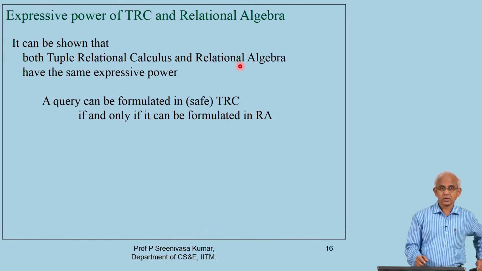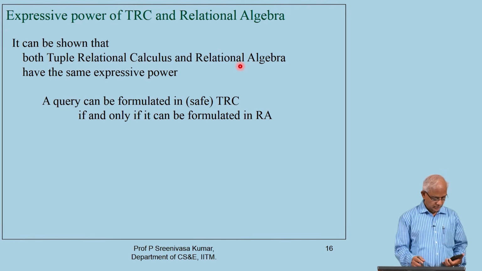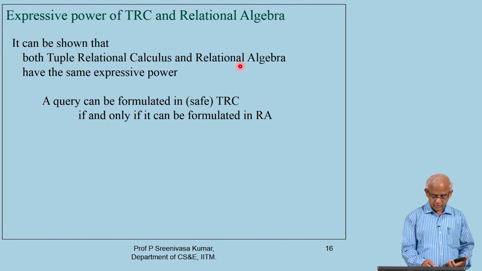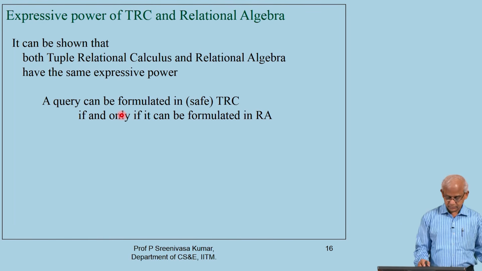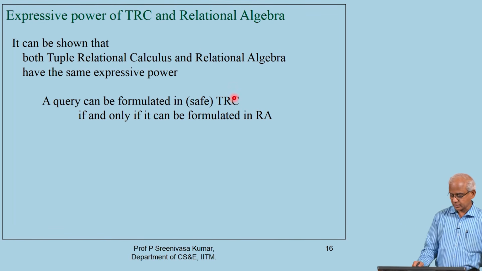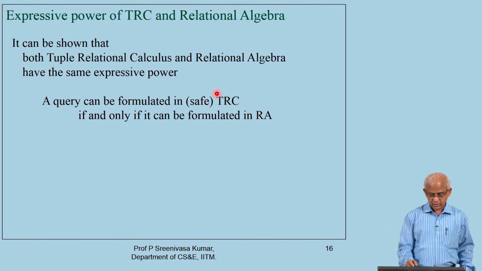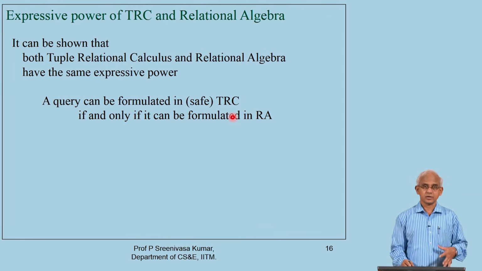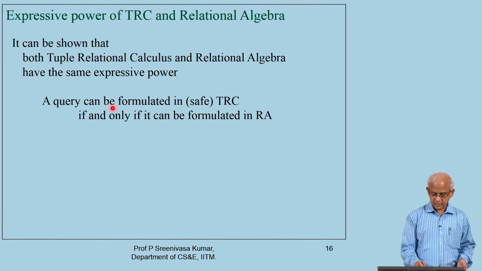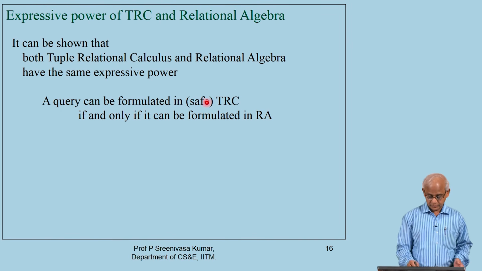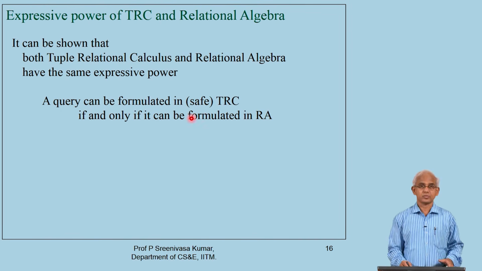So, what it means is that a query that can be formulated in safe tuple relational calculus can always be formulated in relational algebra and vice versa. So, if it can be formulated in relational algebra, it can be formulated in TRC, and if it is formulated in TRC, it can always be formulated in relational algebra.